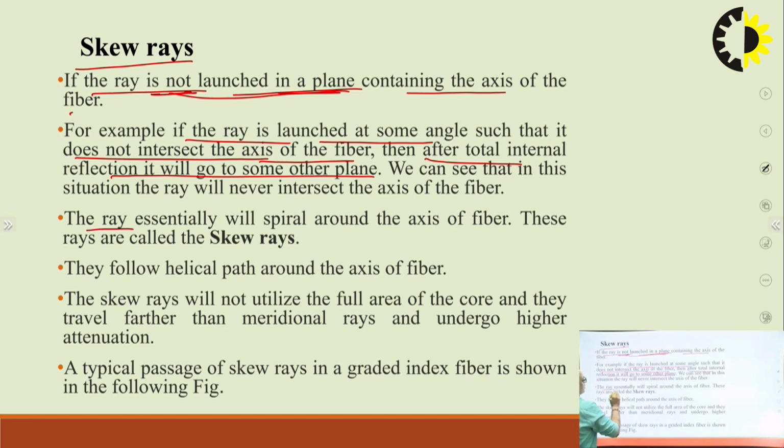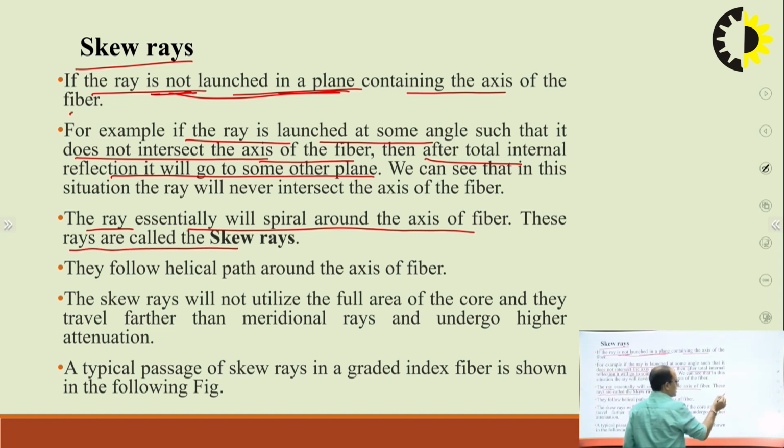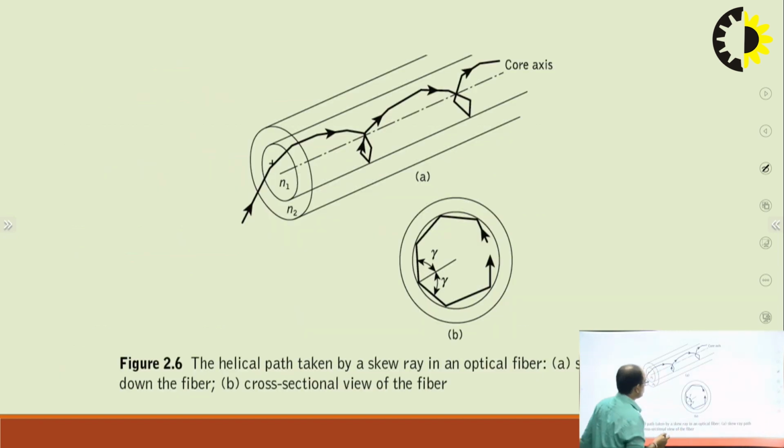So the ray essentially will spiral around the axis of the fiber cable, and such rays are called skew rays. Let's see, I can show you here. Now see, this is the core and this one is the cladding.